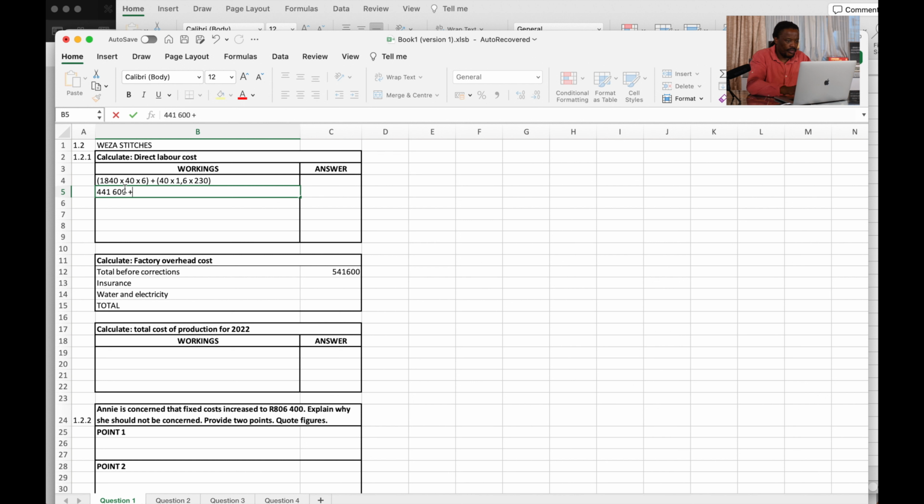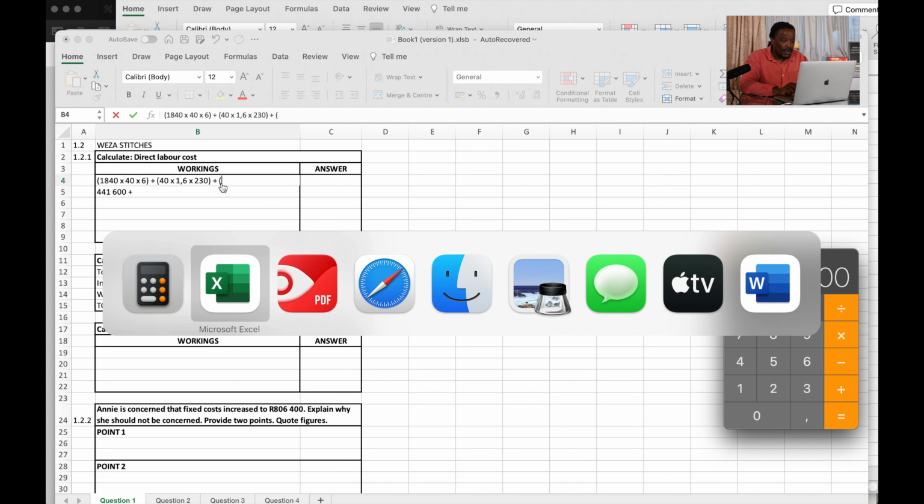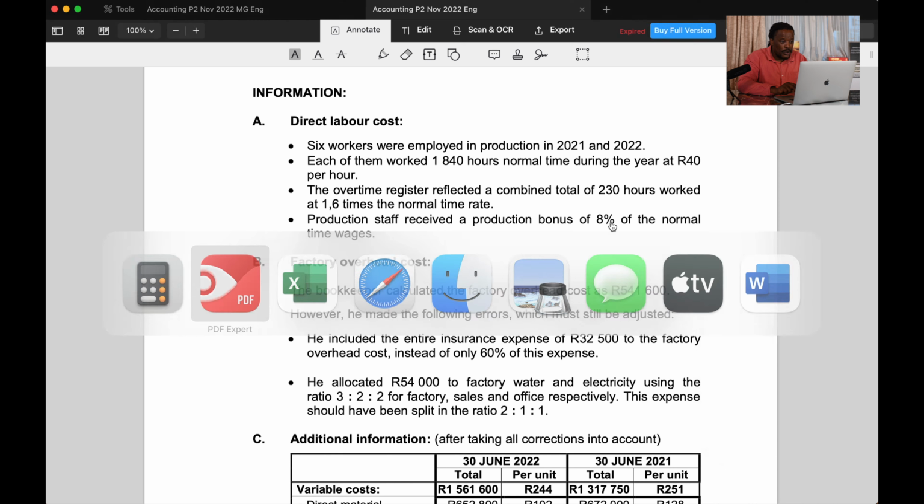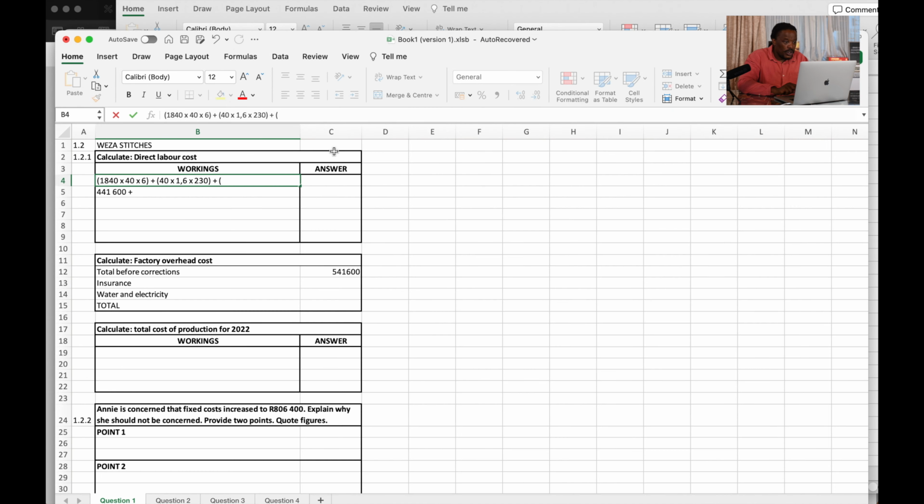Plus, because we did this first calculation, we want to do this one. Now this 441 600 is the basis of the bonus. Remember, there was a bonus initiated in terms of normal time wages, and it was 8%. When you look at the normal time wages, 441 600 multiplied by 8% should be included as part of direct labor.